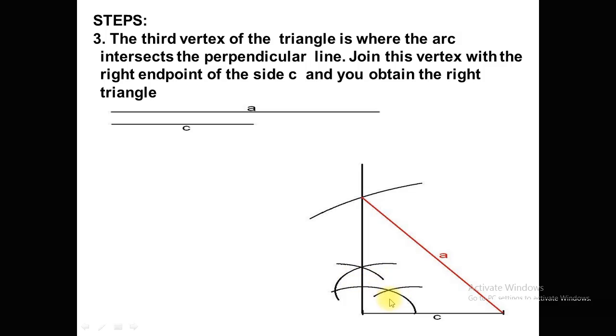When we construct the 90-degree angle, it means that you obtain a perpendicular line for this side. Now open the compass about the length of the hypotenuse and put the compass at this point. Draw this arc. This arc joins this perpendicular side at this point, then join this point to the other end of the side C, and this is the required right triangle.